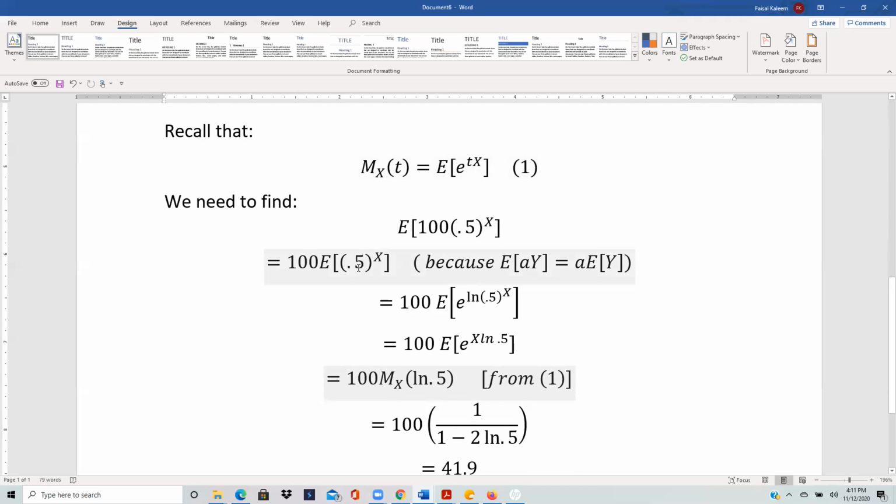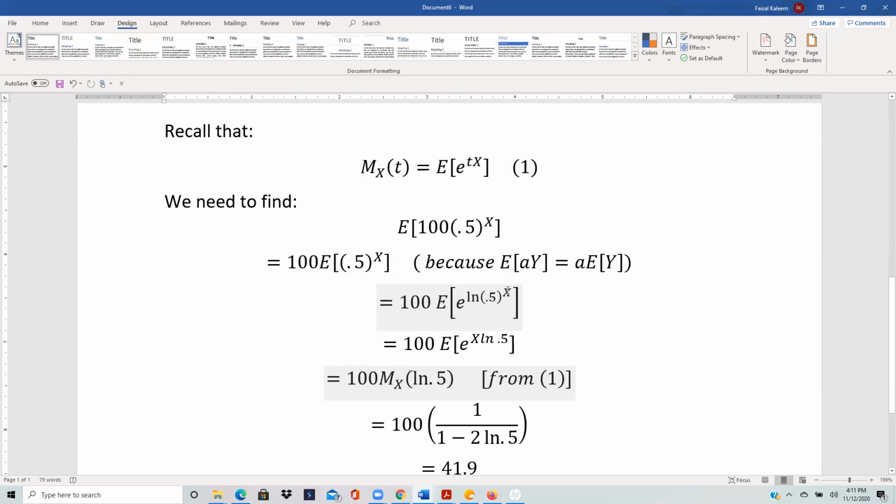So the only way we can go about this is to write 0.5 power x as e power ln of 0.5 power x. And the reason we can do that is that whenever you have e and power ln, they cancel out, and the result is whatever is left over, which is 0.5 power x. So that's why 0.5 power x is equal to e power ln 0.5 power x.